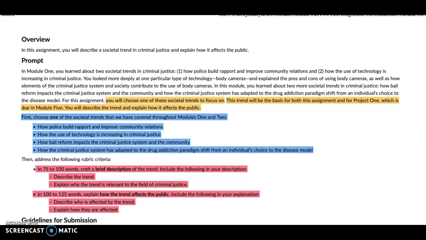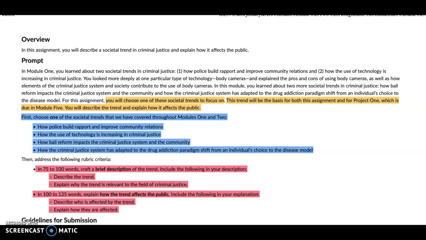So this week we're going to be working on our Module 2 writing assignment. And so what I wanted to do briefly is to go over this assignment so you have a good understanding as to what I'm looking for this week.